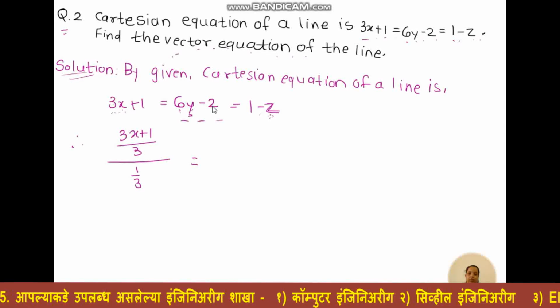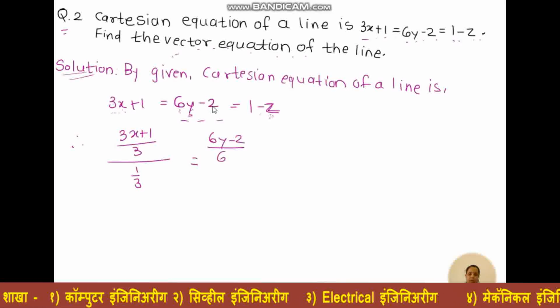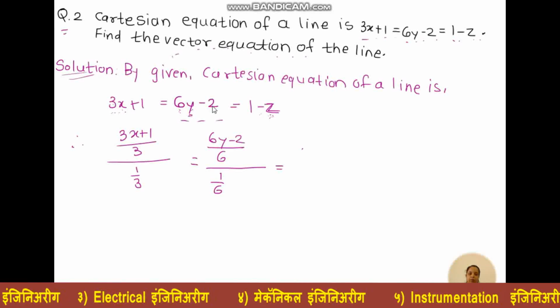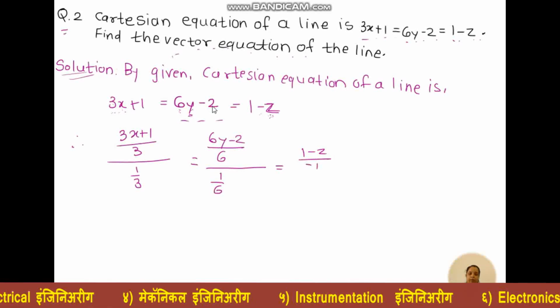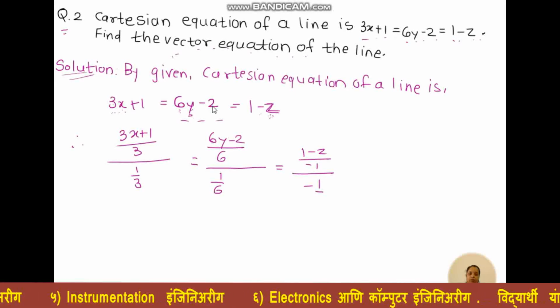In the second term, we are dividing the numerator by 6. So (6y minus 2) divided by 6, divided by 1 by 6, is equal to (1 minus z) divided by minus 1 upon minus 1.